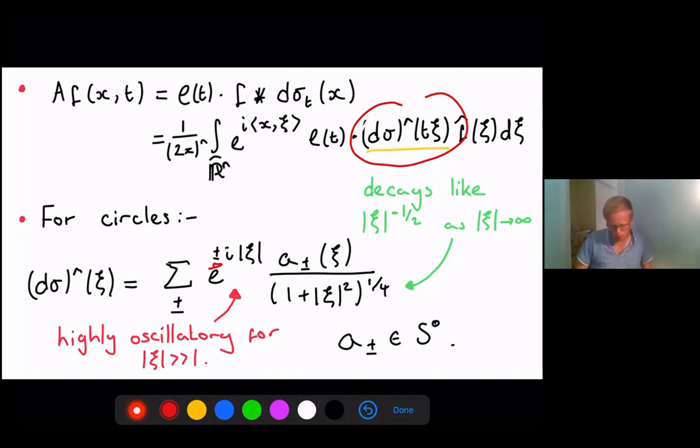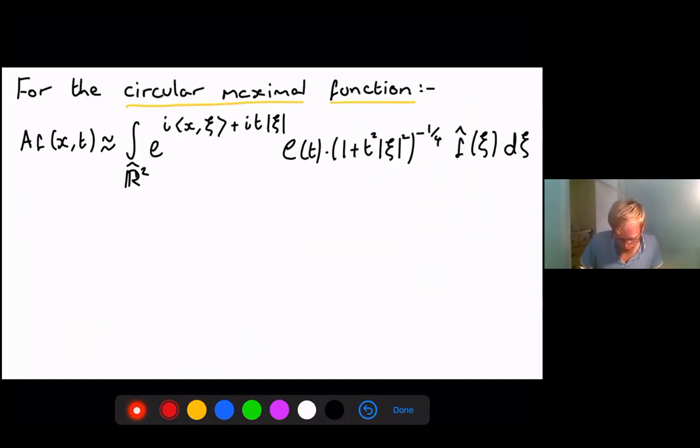Okay. So we can take this formula and plug it into our Fourier transform expression. Let's do that. And we get something like this. So these averages are roughly speaking equal to this, an example of a Fourier integral operator. Again, we have this decay term, which appears here, and then we have the oscillatory term, which is now coming into this phase here.